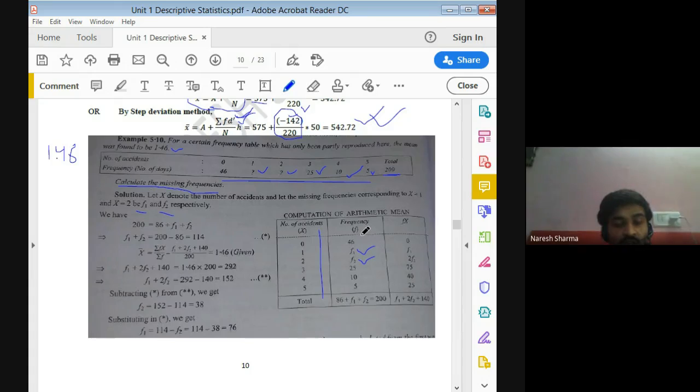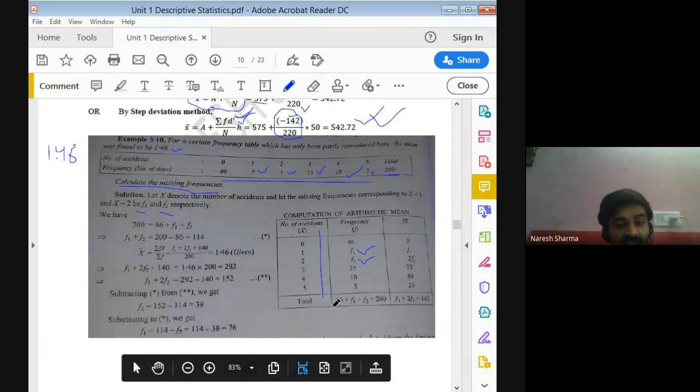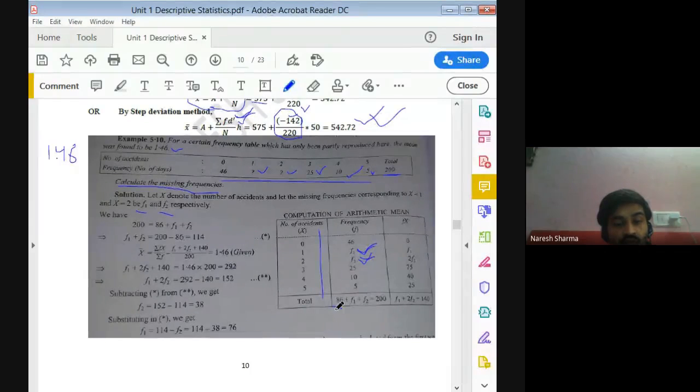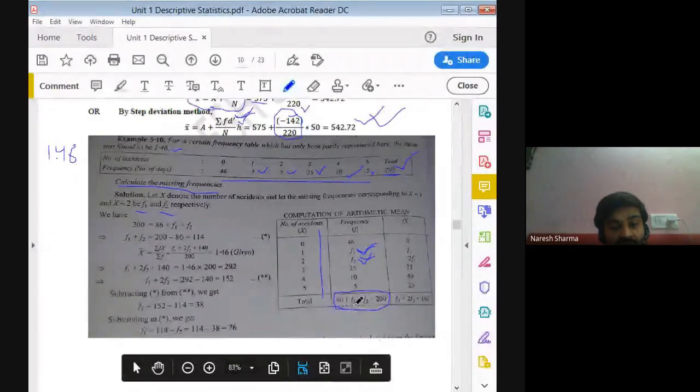Now we know that the total frequency is the sum of all these, that is 46 plus 25, which is 71, plus 10 is 81, plus 5 is 86, plus we have two unknowns, that is F1 and F2. We add these also, and as total frequency is given in the statement which is 200, so 86 plus F1 plus F2 should be equal to 200.